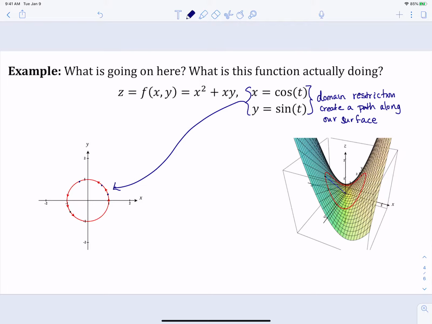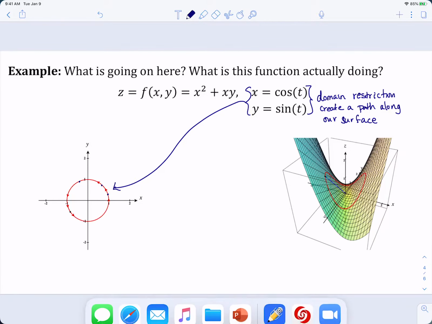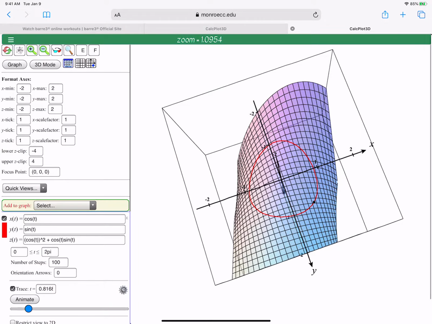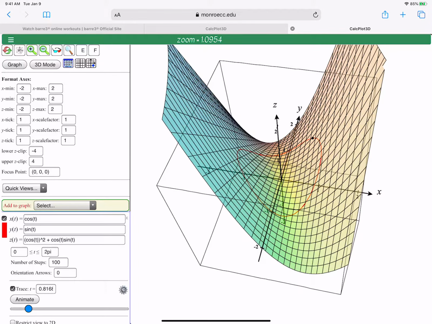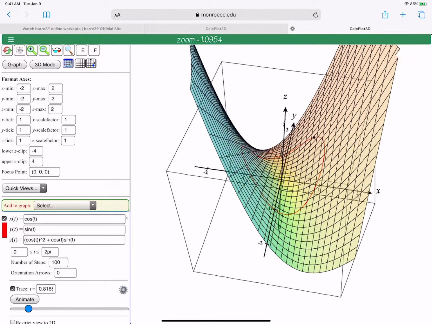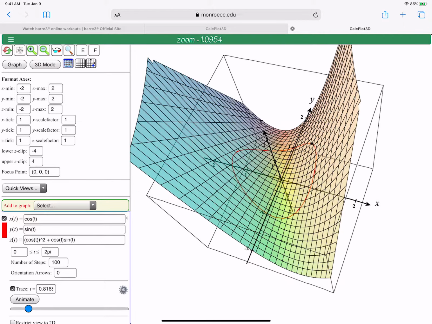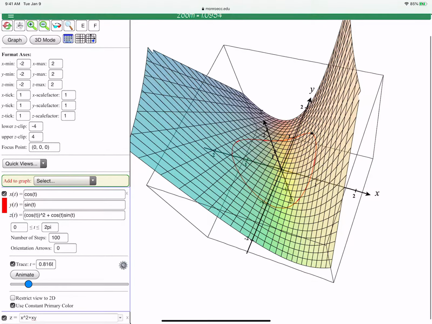So I've got a picture of the 3D graph over here, but I want to look at our more dynamic shot. Ooh, I've got it flipped upside down. So here I've got that surface graphed, and then I've got our circle, our domain restriction graphed and projected up onto our surface. So how did I do that? Took me a little bit of thinking here.